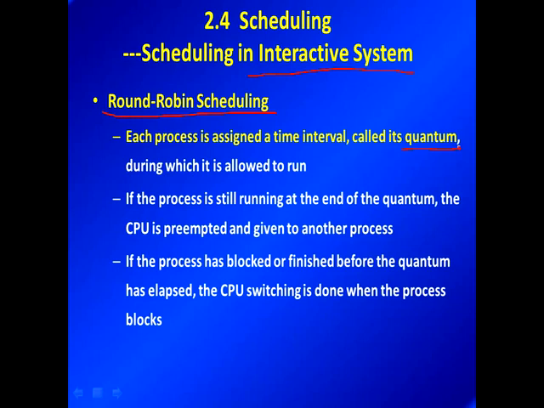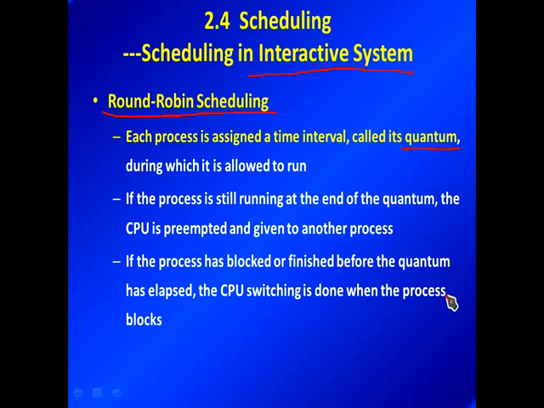So you can see this round-robin scheduling sounds very fair for all the processes in the system, right? Each one just takes turns to use the CPU for the same fixed time slot, and this same time interval is called a quantum.